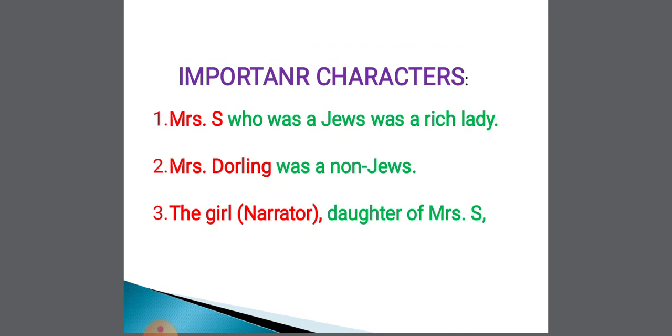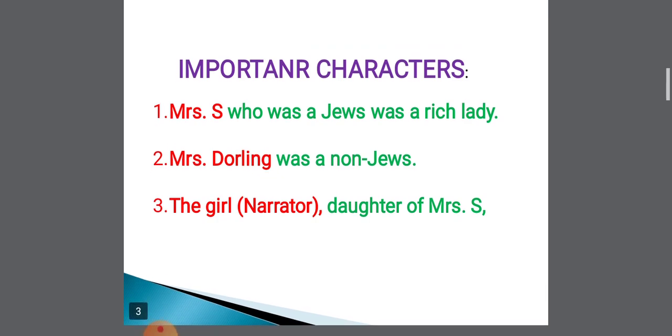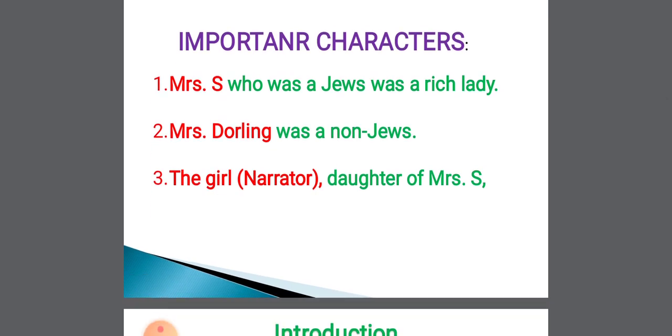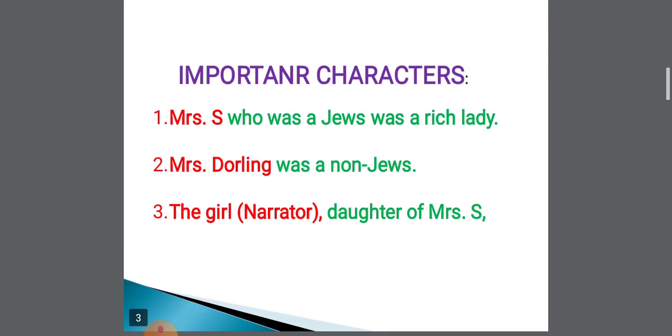So all the valuable belongings of Mrs. S were brought by Mrs. Darling. The narrator was very young at that time, but she had seen everything, and her mother told her before death about Mrs. Darling and their belongings being kept in her house.